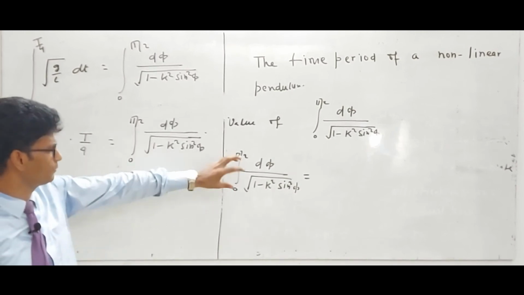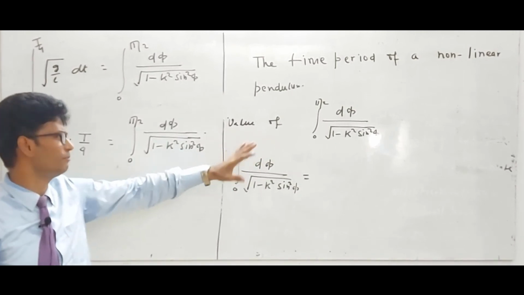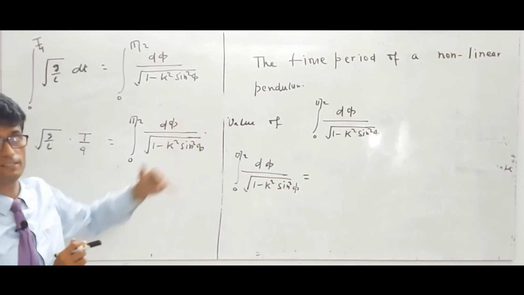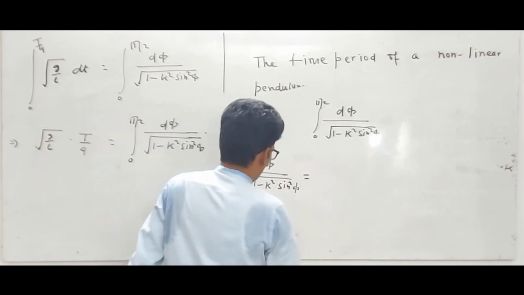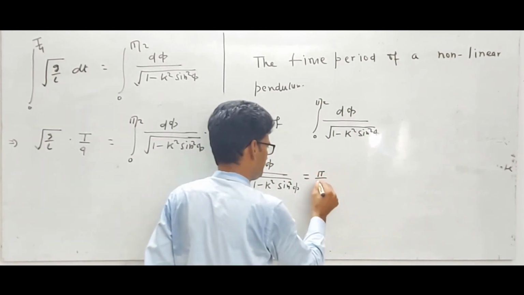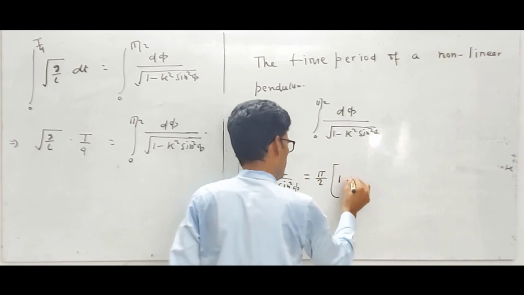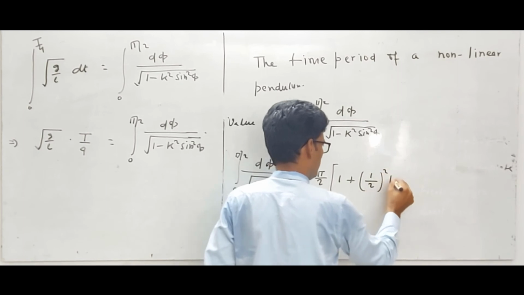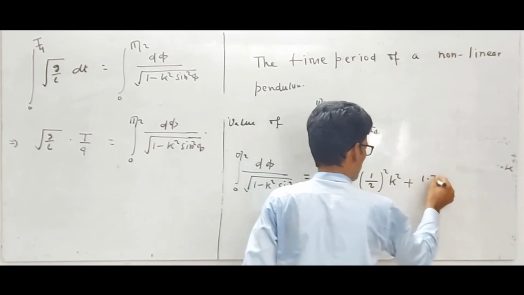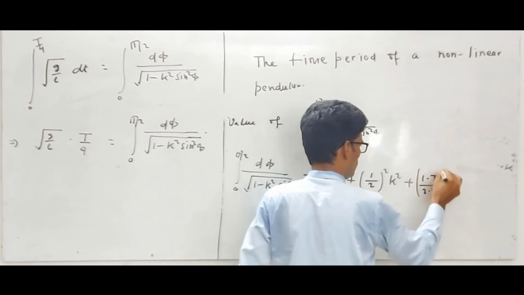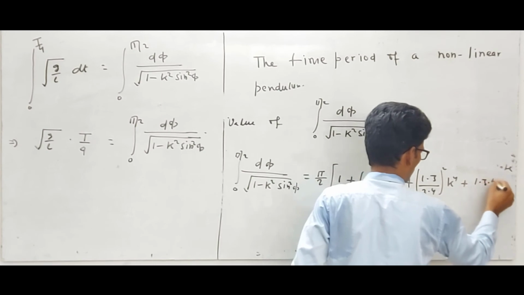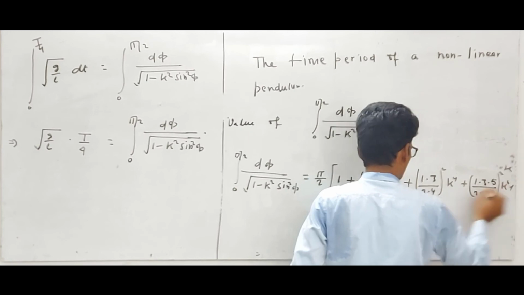Only a few steps are beyond the scope of your syllabus, but before that you are capable of understanding. So this is pi by 2 times 1 plus (1 over 2) whole square k square plus (1 into 3 over 2 into 4) whole square k to the power 4 plus (1 into 3 into 5 over 2 into 4 into 6) whole square k to the power 6, and so on and so forth.